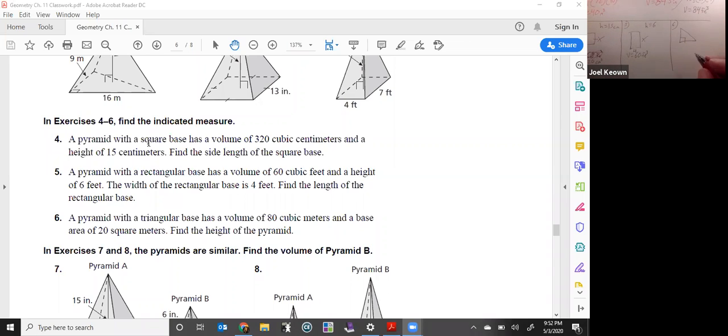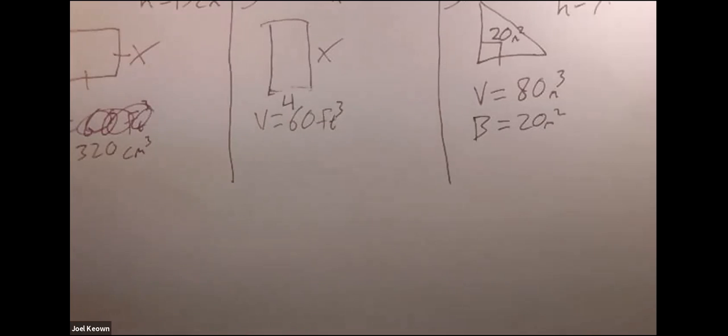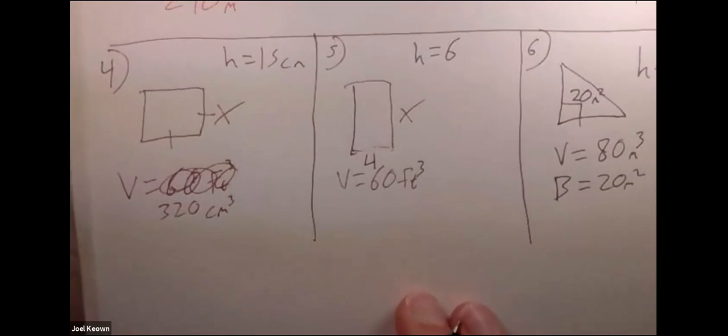Volume of 80 cubic meters. And it says base area is 20 square meters. So this pyramid is 20 square meters. What is the height? All right. Let's switch over. Try to do these.